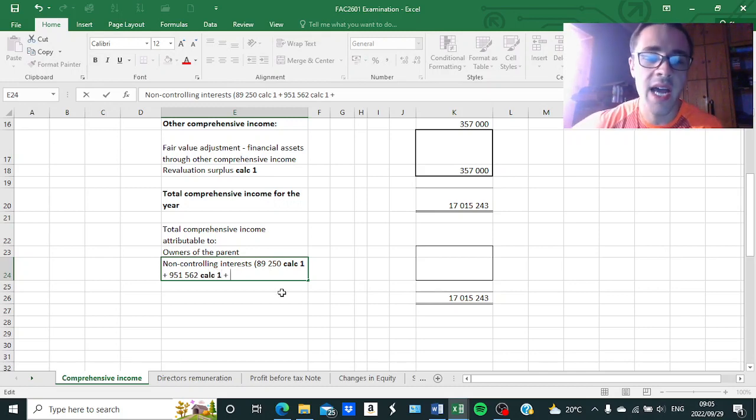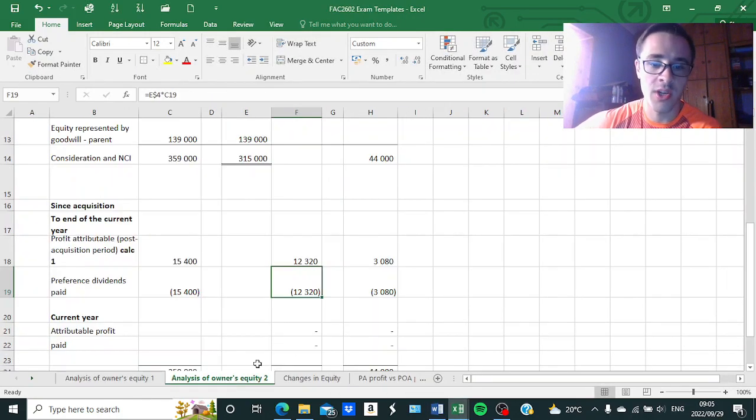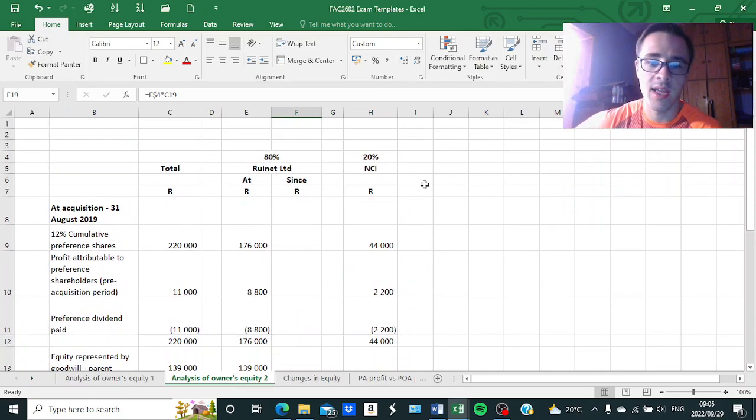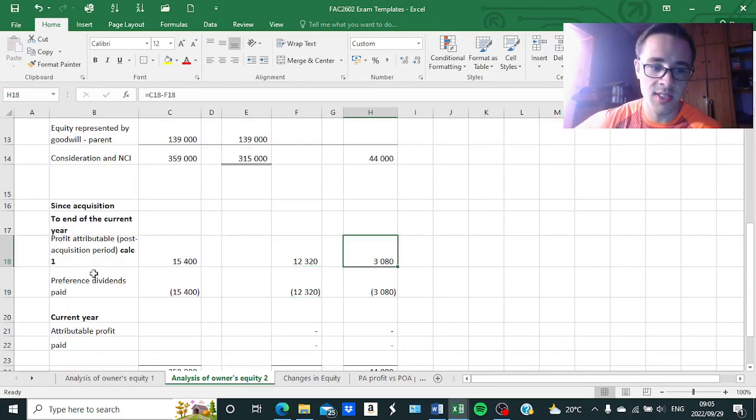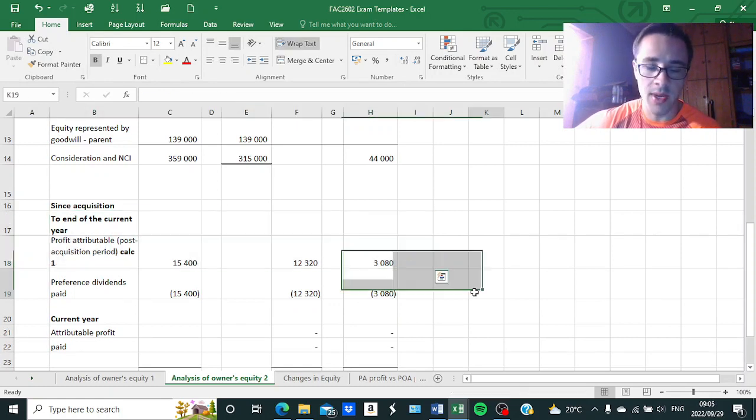And then we also need to add the profit attributable to your preference shareholders, the NCI share, which was 3,080 Rand, only the since acquisition to the end of the current year amount.